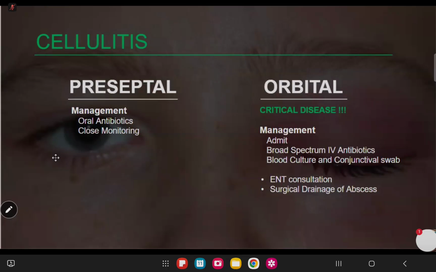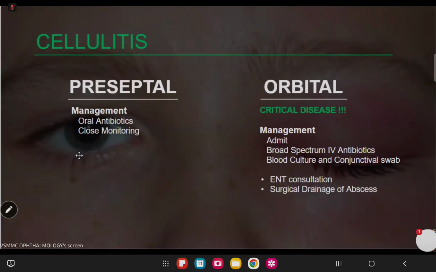Management for preseptal would just be your oral antibiotics, supportive care, paracetamol for fever, and close monitoring. However, your orbital, it's considered a critical disease, no? So we usually admit patients for close observation, closer monitoring, and also for administration of broad spectrum IV antibiotics.